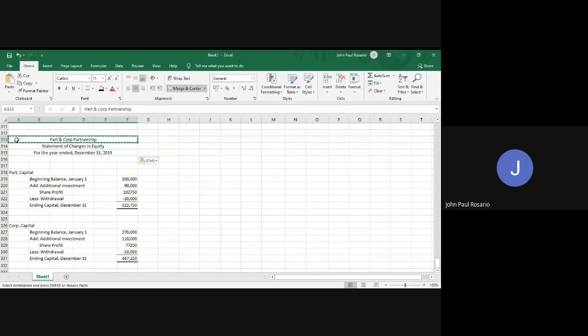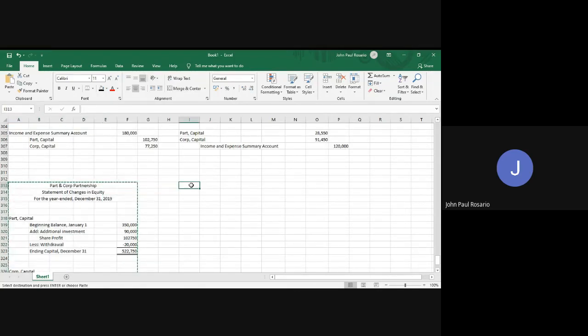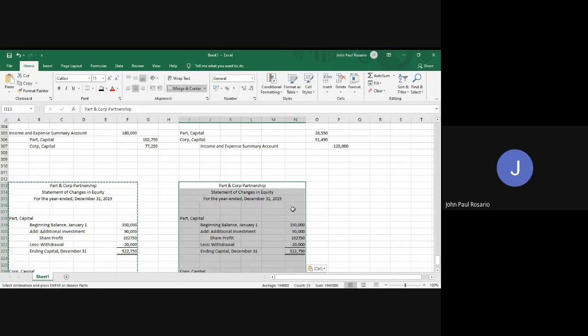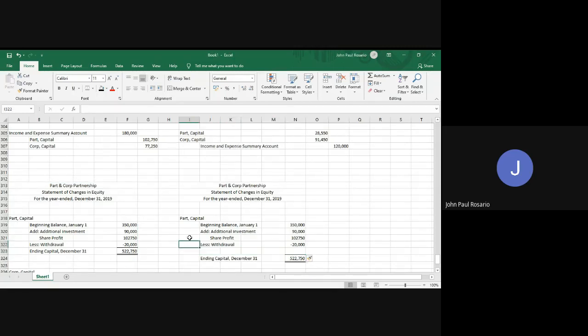Beginning capital is the same, additional investment is the same, but there is no share in profit.